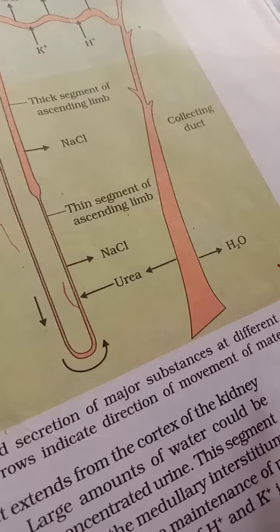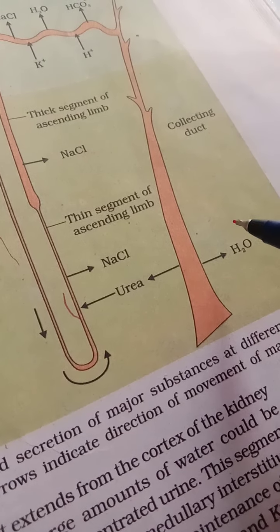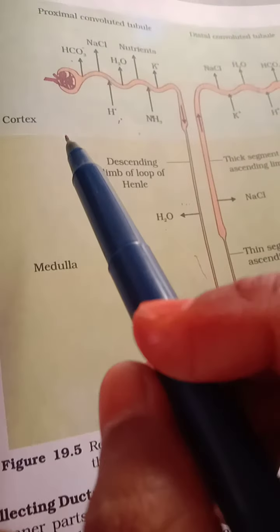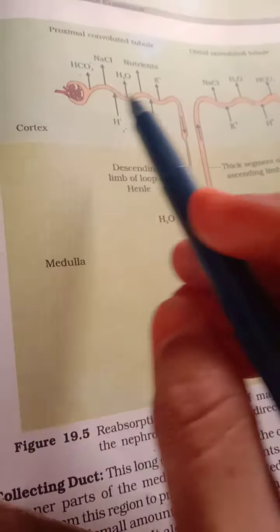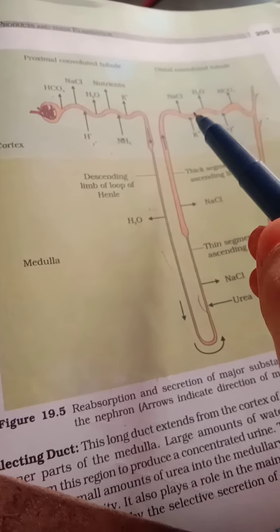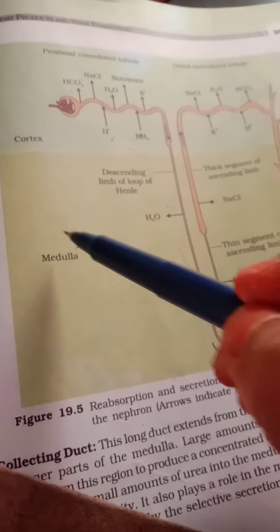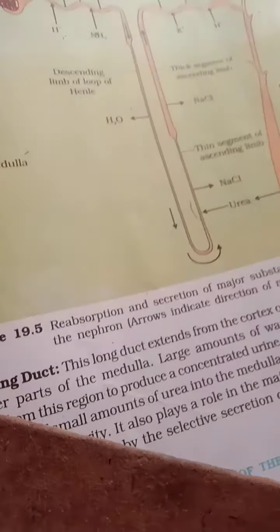Why does it reabsorb more water? To maintain the pH and ionic balance. See, this is the clear cut diagram in the NCERT. This is the cortex, and this is the middle part. PCT, DCT and part of the collecting duct are present in the cortex, but in the medulla the loop of Henle is present.